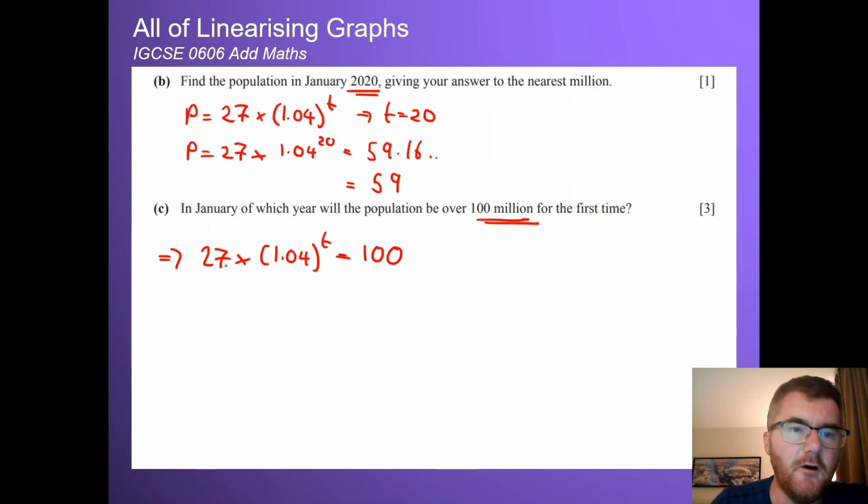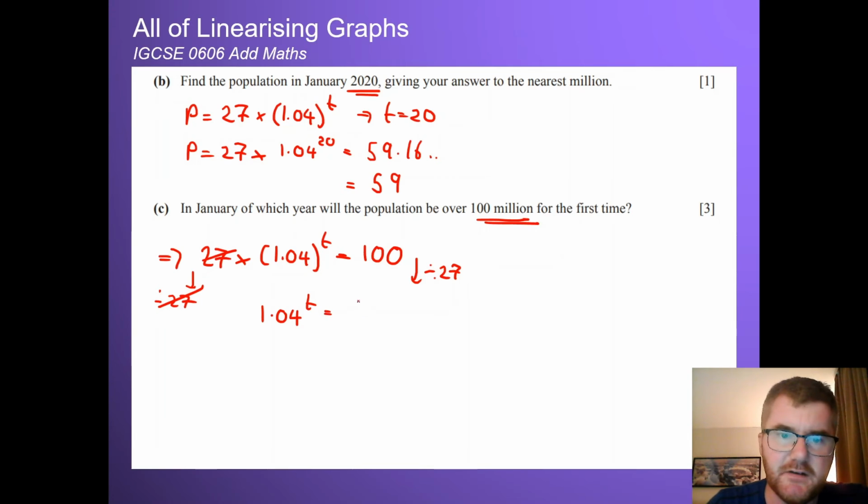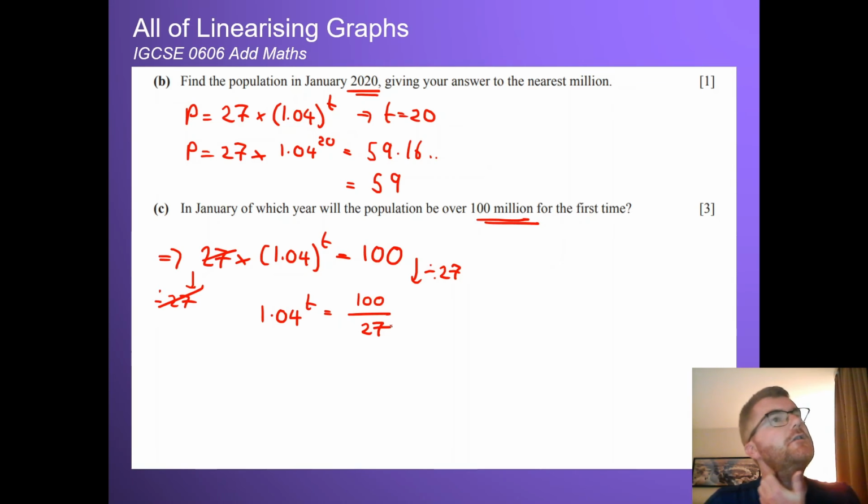So again, the opposite of timesing 27 is dividing by 27 on both sides. This cancels, giving us 1.04 to the power of t is equal to 100 over 27. Now this all depends on how good your calculator is here. You can just solve this directly.